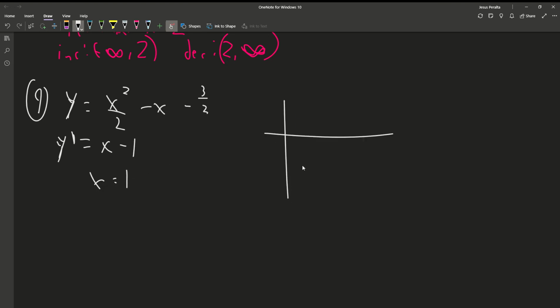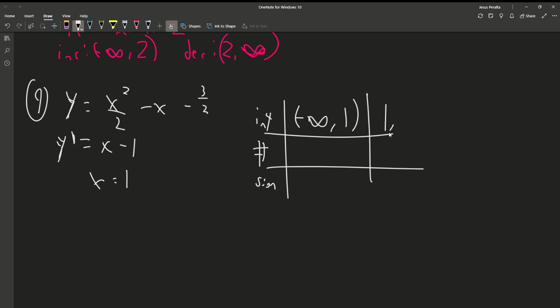We make a chart. We have interval, we have number, and we have a sign. From here, we would go negative infinity to 1, and then we would have 1 to infinity. Terrible looking infinity. And then you could plug in 0, you could plug in 2. 0 would get you a negative, and the 2 would give you a positive, meaning that would be a graph.